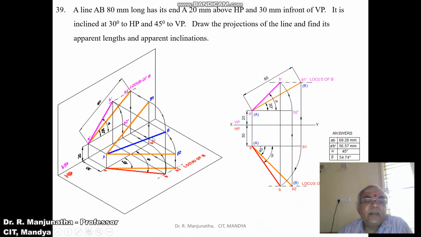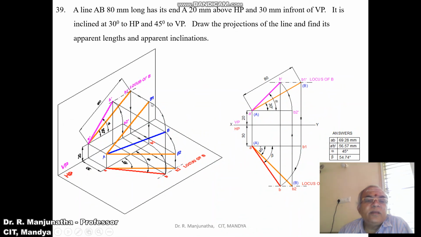So this becomes the EB line. I will repeat. With A as center, you take capital AB1 as the radius. You rotate this line such that B1 will be on the locus of B in space. So that you get this point here.